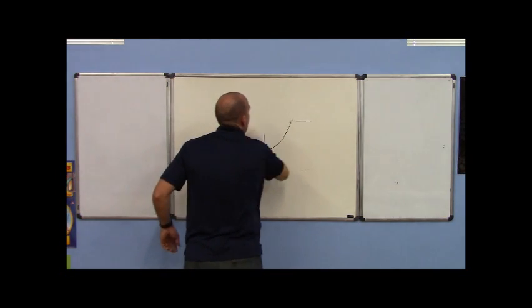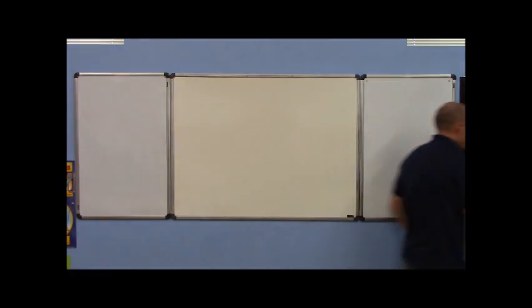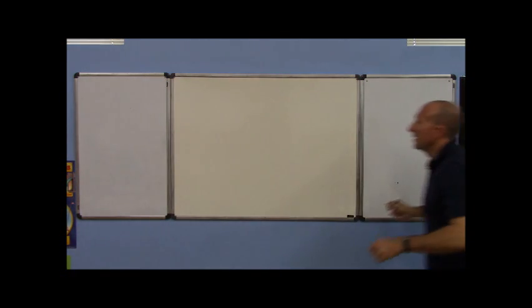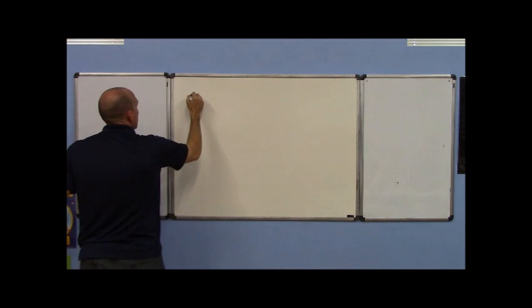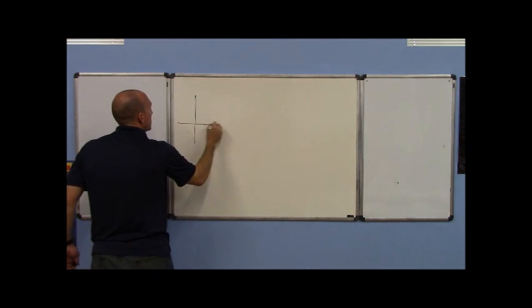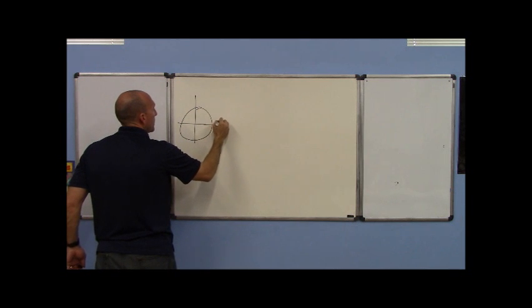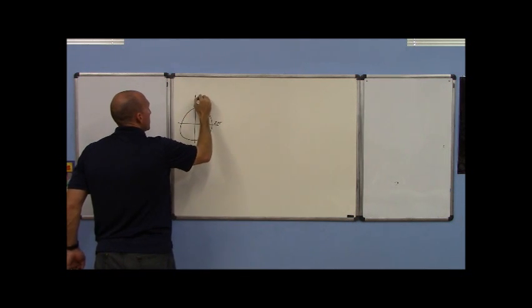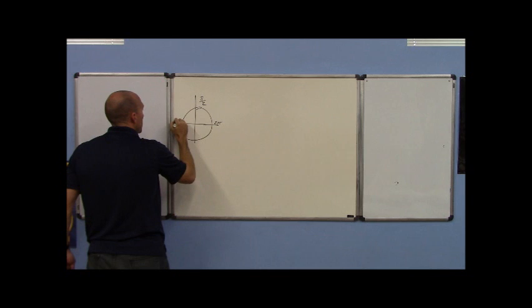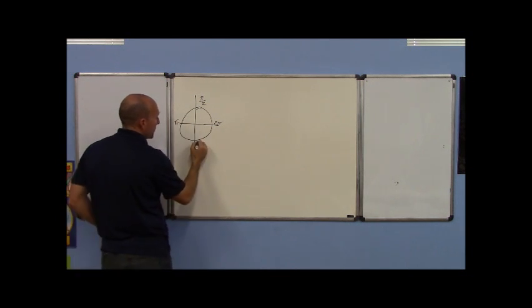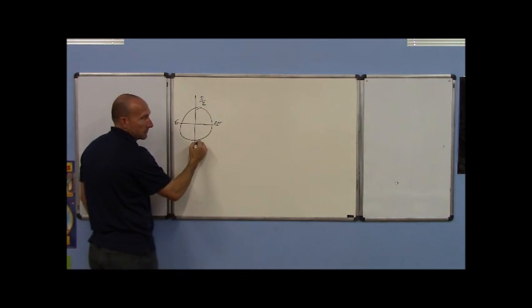In fact, I'm going to rewrite it so it makes more sense. If you were to take this circle here, you have 2 pi, pi over 2, pi, and then 3 pi over 2.